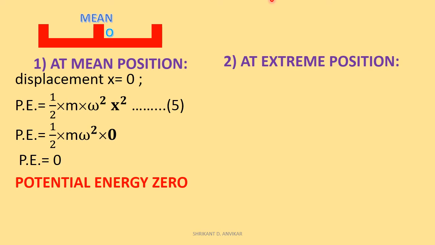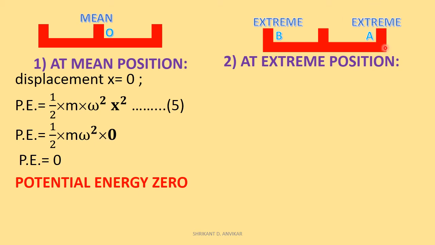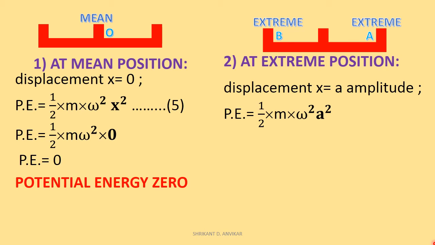Now we calculate the potential energy of the particle at the extreme position. A and B are the extreme positions, and we calculate the potential energy at these positions. We know when the particle is present at an extreme position, the displacement of the particle is maximum, and this maximum displacement is known as the amplitude. Therefore the potential energy of the particle is equal to 1 by 2 m omega square a square, since x is replaced by a.